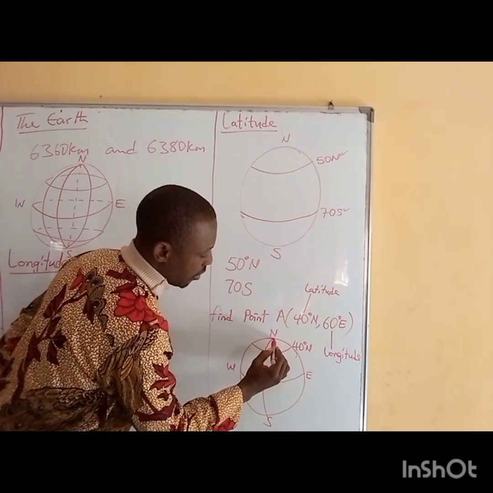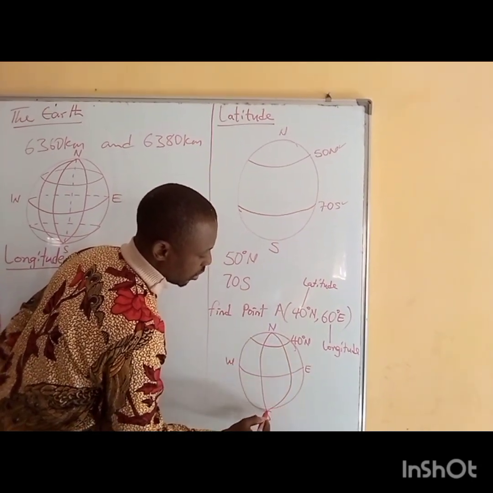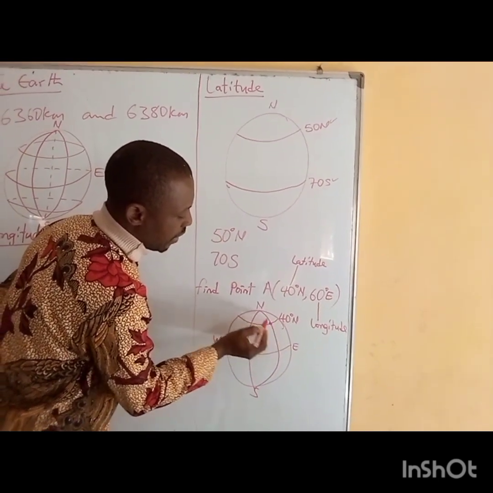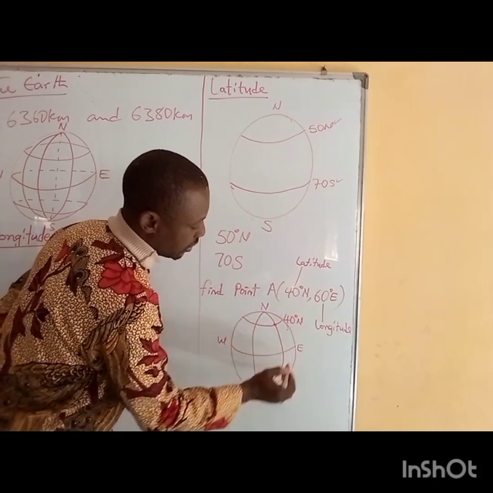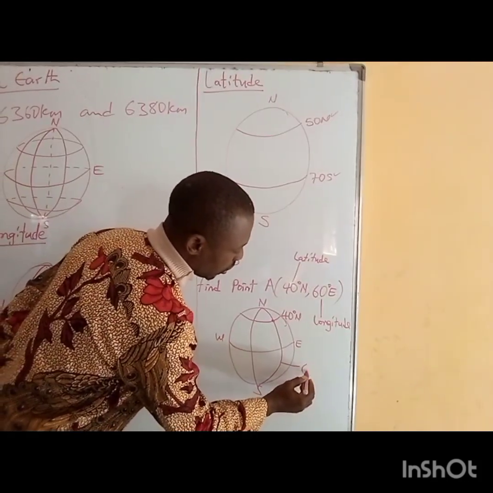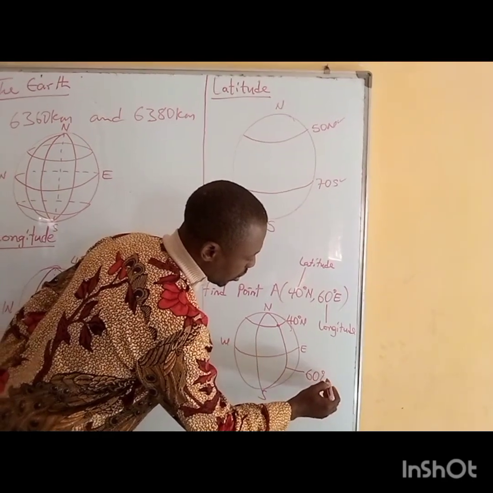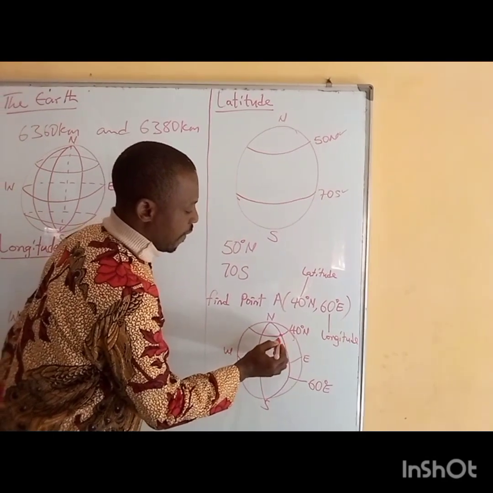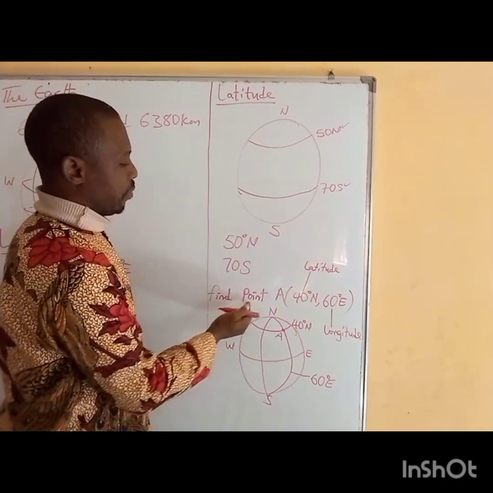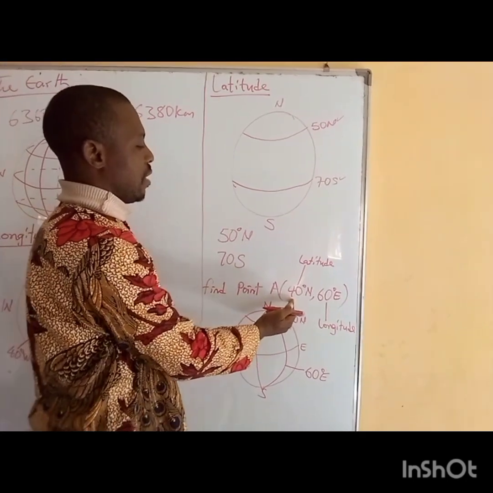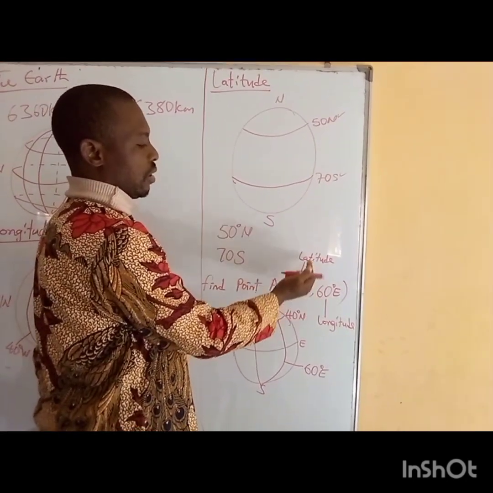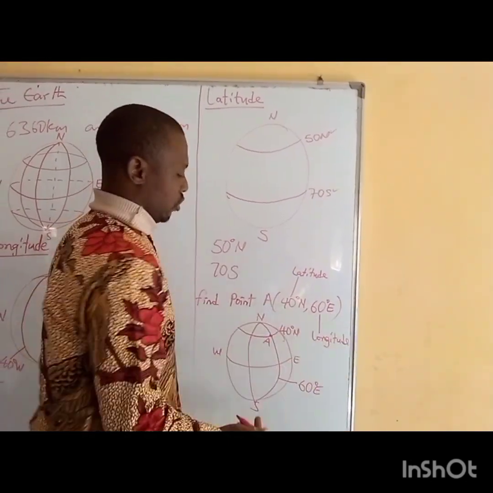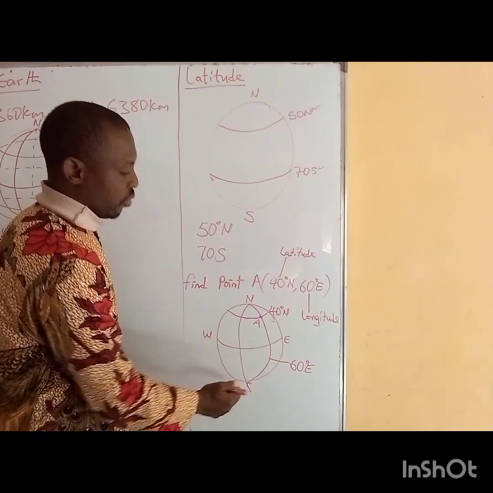That means you take a longitude that will cross from the north to the south, and the place where the 60 degree crosses the 40 degree becomes your point A. So if we are asked to find point A, and the point A is given as 40 degree north latitude and 60 degree east longitude, this is how the point will come up.